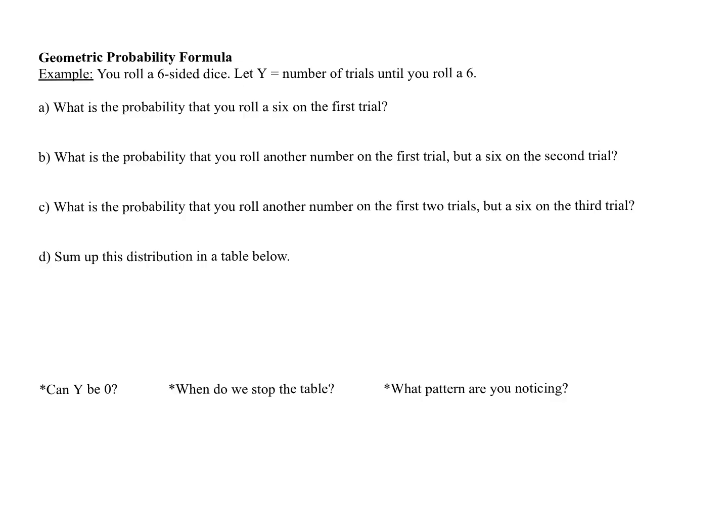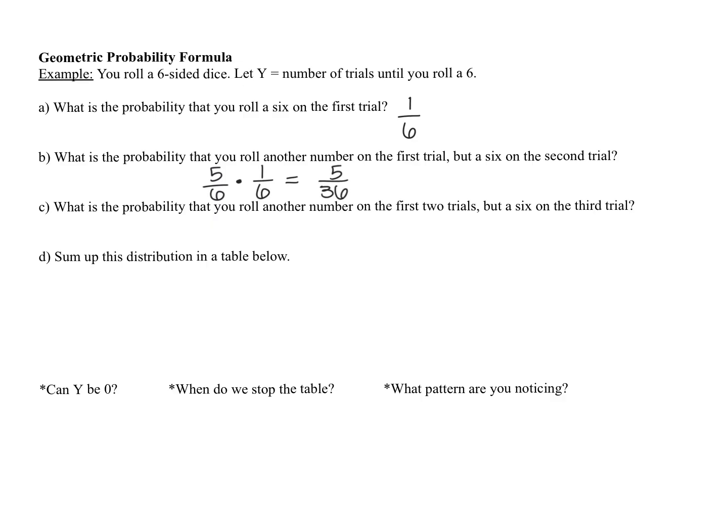The probability that the first one is a 6 is just 1 out of 6. The probability that you roll another number on the first trial, but a 6 on the second trial. So there are 5 numbers that aren't a 6. So the probability that the first roll is something other than a 6 is 5 out of 6, times 1 out of 6. So that's going to give us 5 over 36.